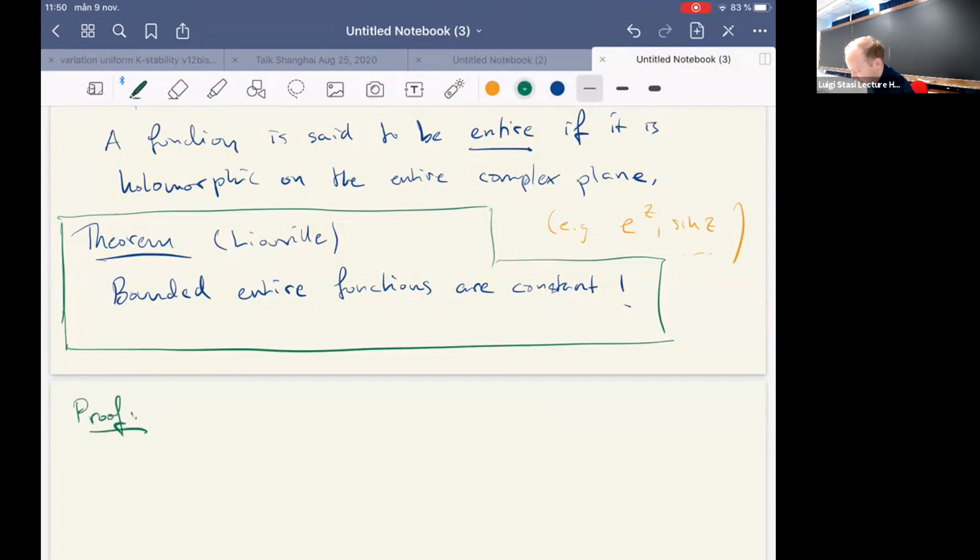So the proof says that, suppose f is an entire function. This is why I write from C to C. It is holomorphic, so it's entire.